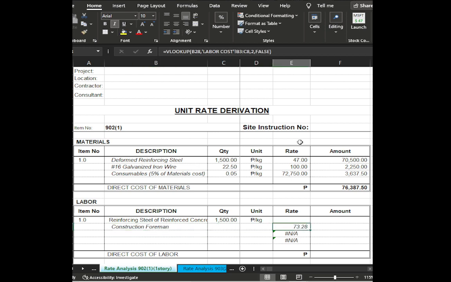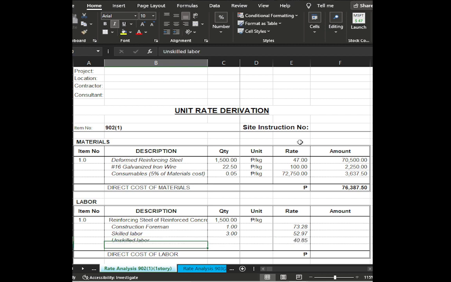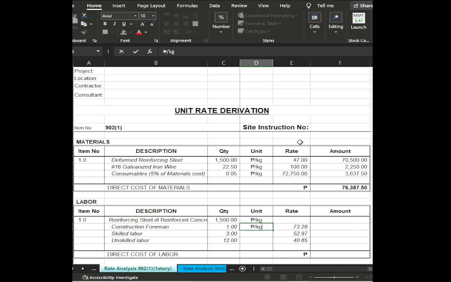So we need one, then skilled labor, we need 3, and unskilled we need 12. So this one is per hour guys, don't forget the unit, and we will convert this one to piso per kilogram.